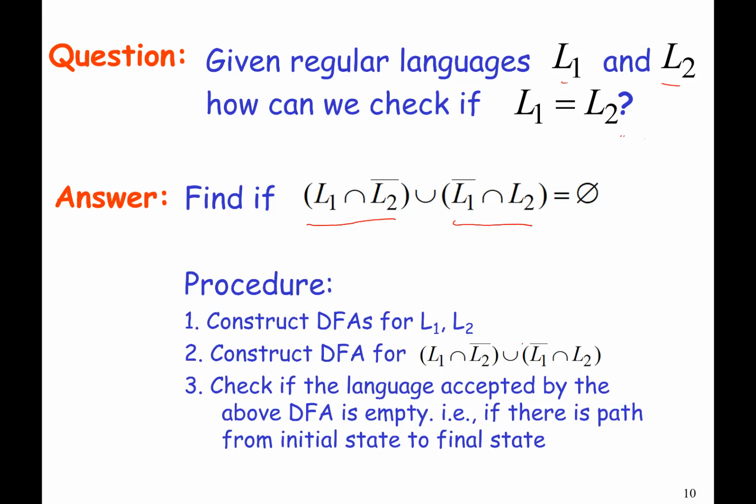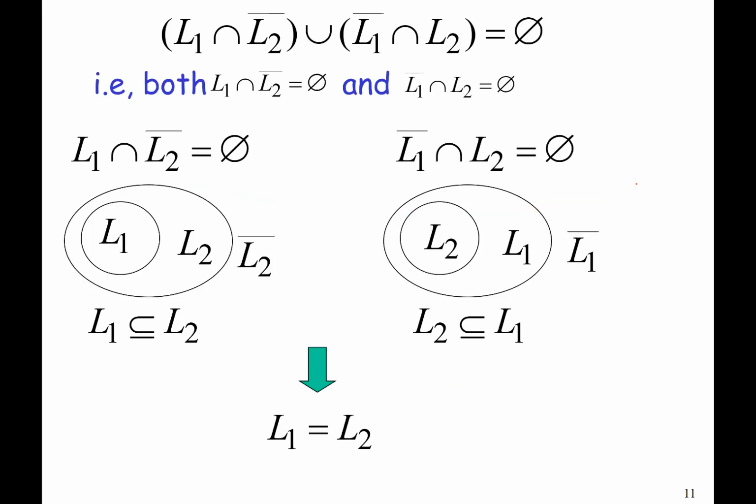So let's say why this should be true, and then we'll come back to the procedure. If L1 is contained in L2, then L1 is a proper subset of L2. Similarly, if L2 is contained in L1, then L2 is a proper subset of L1. In both cases, L1 intersection L2 bar is empty, and L1 bar intersection L2 is empty.